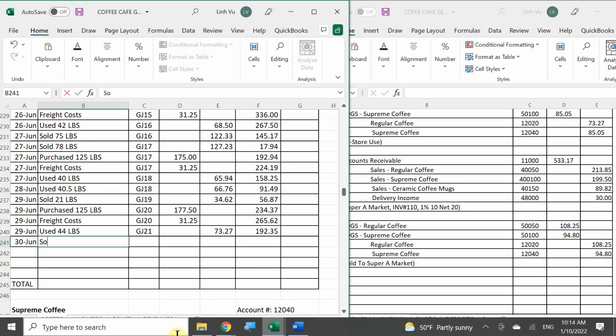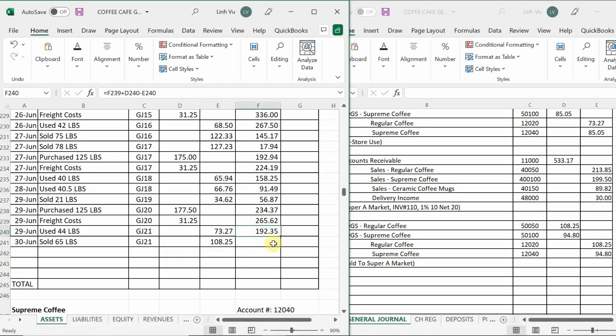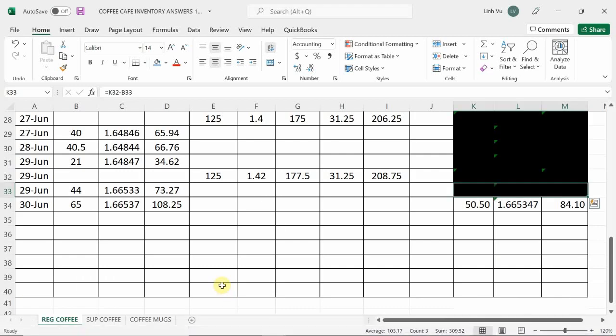We sold 65 pounds, 21 for 108.25. What's my ending balance? $84.10. Does that look right? Yes, we have $84.10 left.